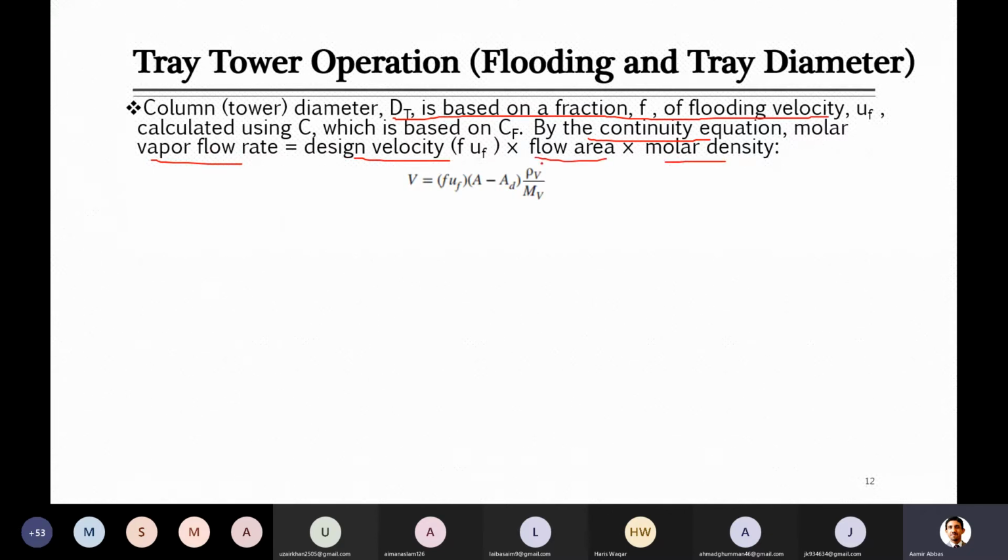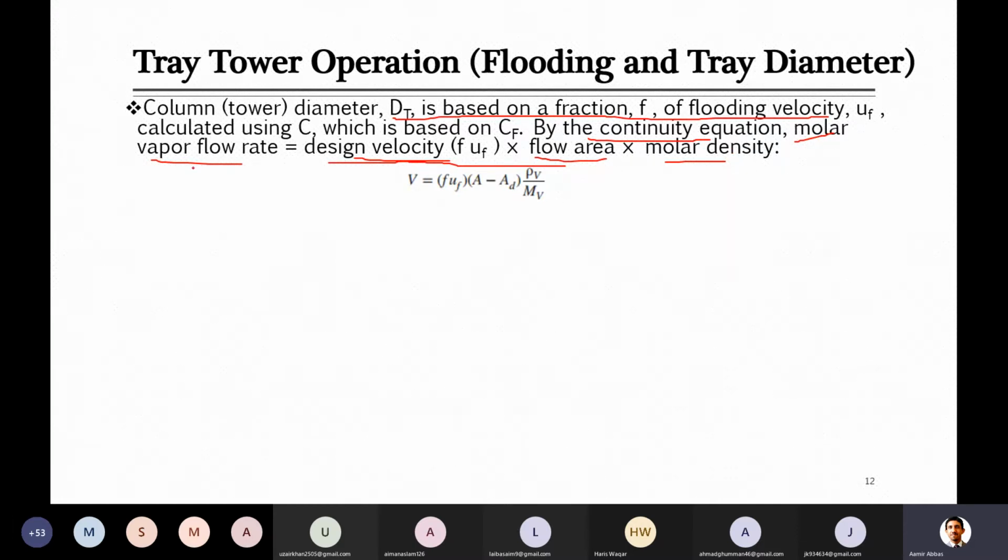So guys, you can write these terms and find that this is definitely the equation of continuity, nothing else. At least some part is pretty clear: velocity into area is one side. On the other side we have the vapor flow rate, which is the molar vapor flow rate, that means moles per unit time, and this is the molar density, which is moles per unit volume.